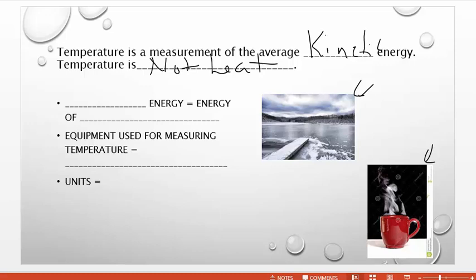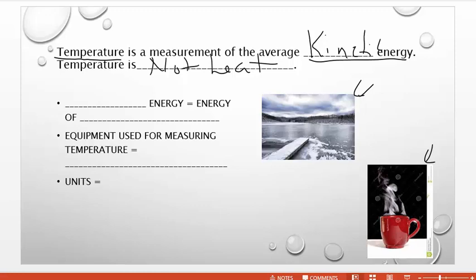One thing I want you to take note of is whenever you see the word kinetic energy in one of your problems that you'll be doing maybe on CASEL Learning or any worksheets or any tests that you take, you can always exchange the words kinetic energy for the word temperature. They are synonyms.